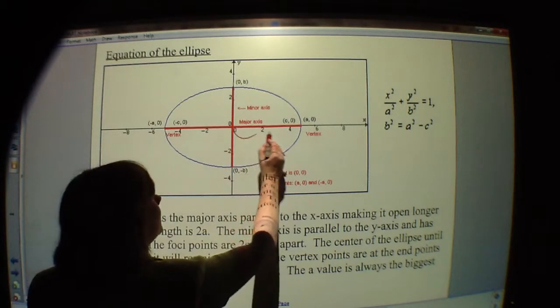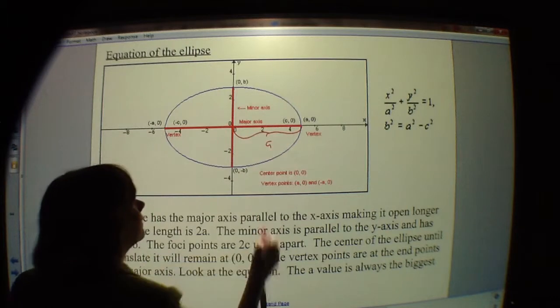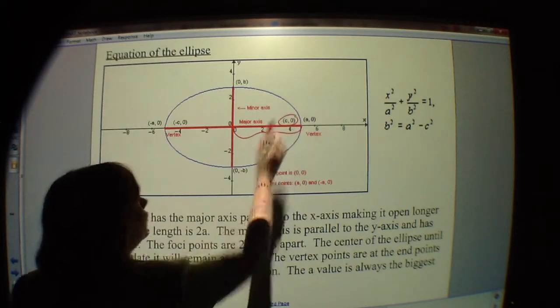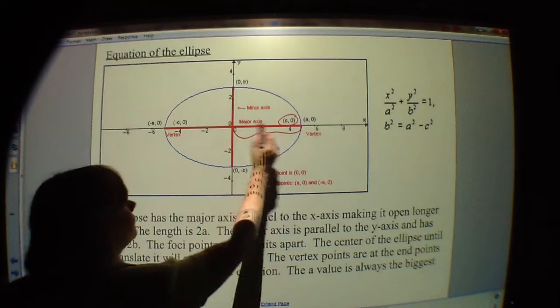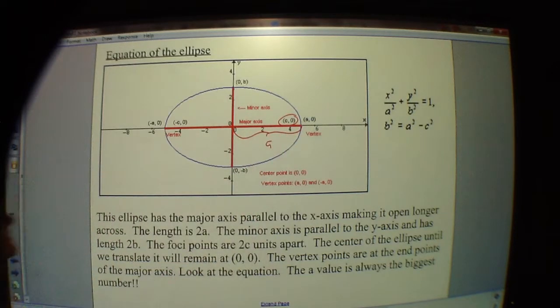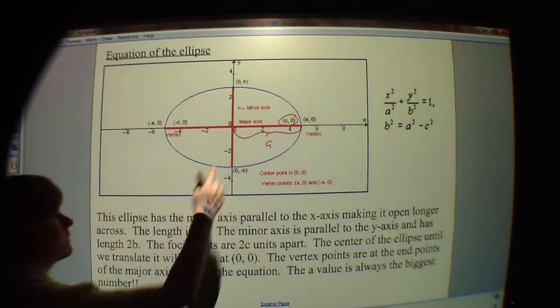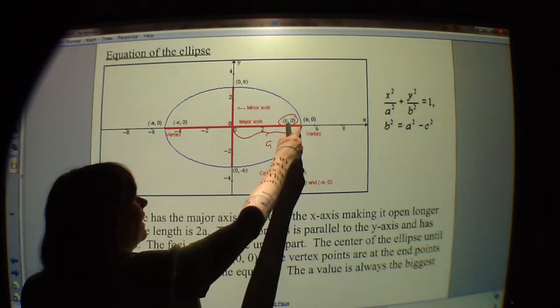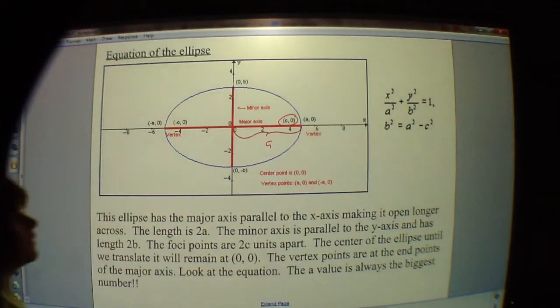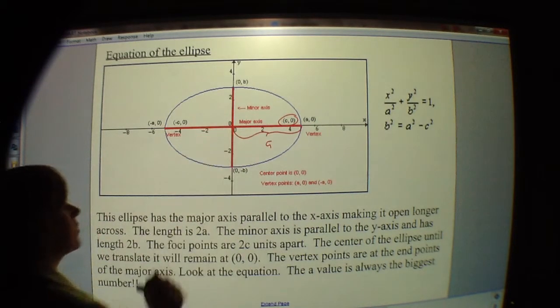So this distance right here is A. The distance to my focus point is C. The longer axis is called the major axis. So this right here, 5 squared, would go on the bottom under the x squared. The center point is (0, 0).